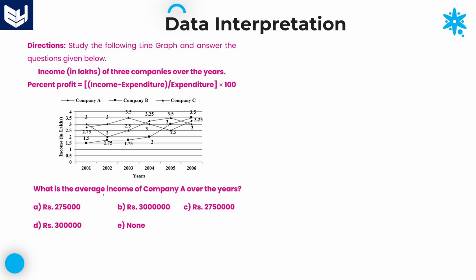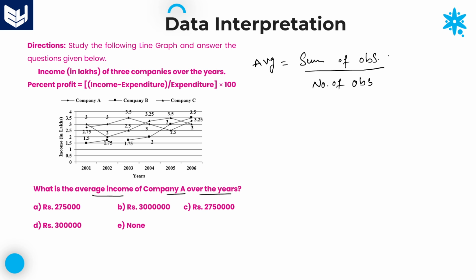Second question. Look at the question. What is the average income of company A over the years? Here, very easy question. What is meant by average? As we all know, average is equal to sum of observations divided by number of observations.